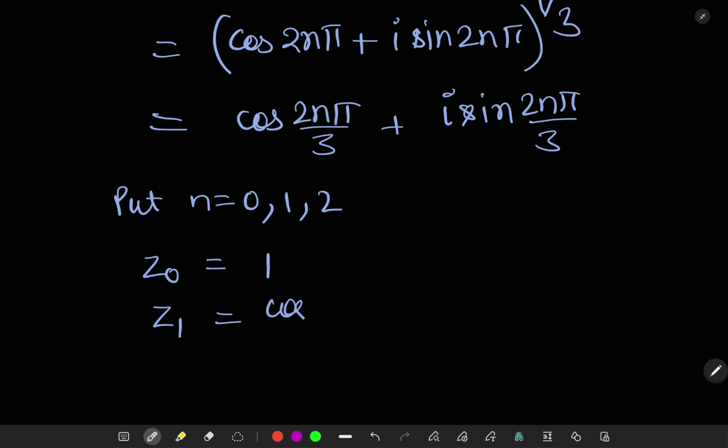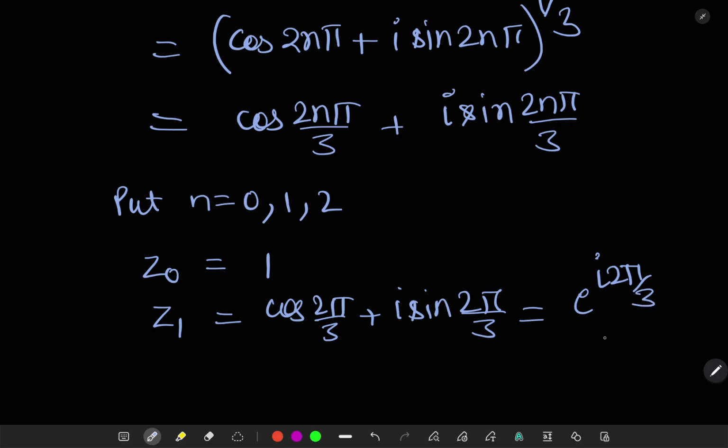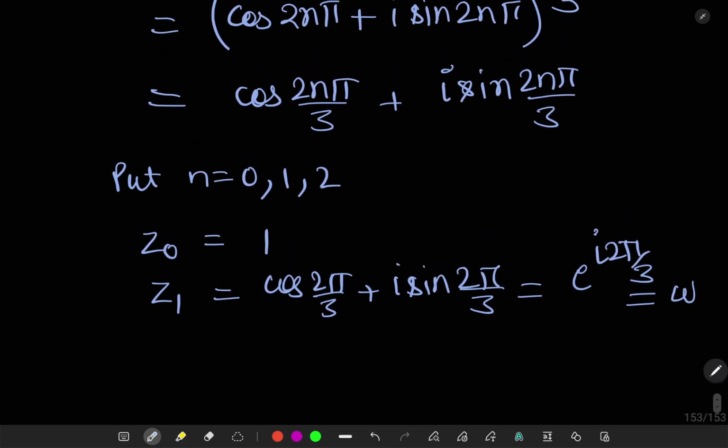we get here cos 2 pi by 3 plus iota sine 2 pi by 3, or we can write this term as this, or let's say this term is omega. Second, for putting value of n equals to 2, z2 equals to this.